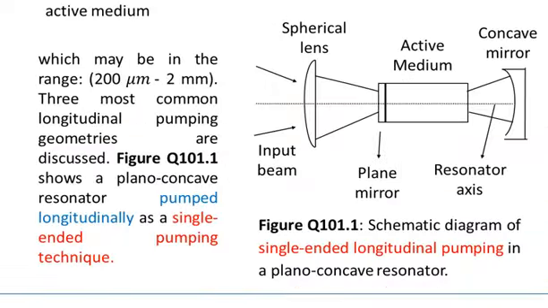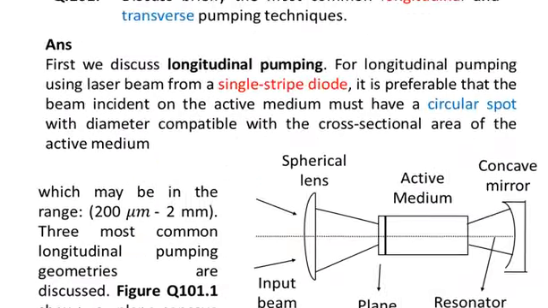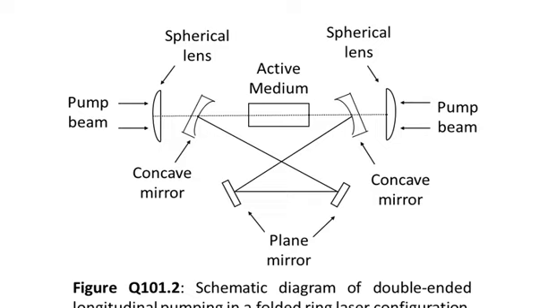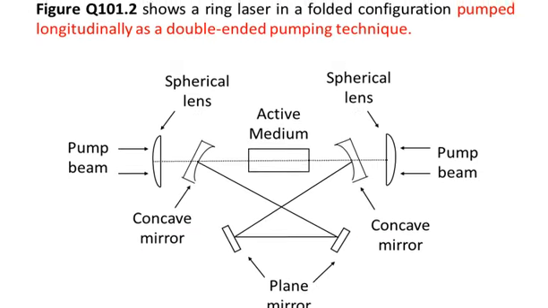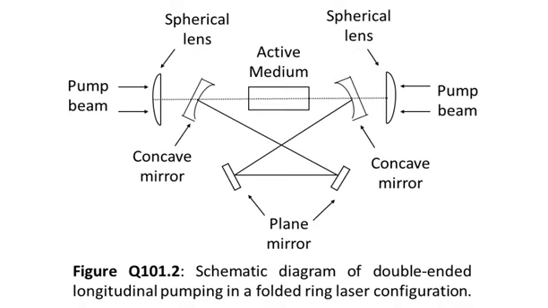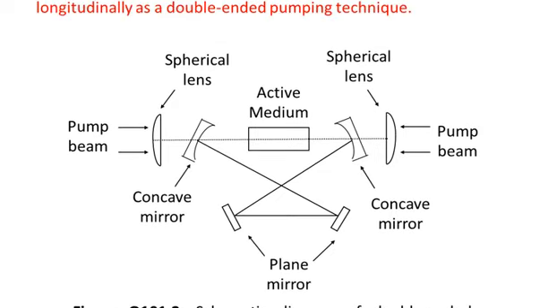So you see that here I have presented 3 longitudinal pumping techniques. This one is the simpler one as given in equation number 1. This is a single-ended longitudinal pumping technique. This is the double-ended longitudinal pumping technique in a folded ring laser configuration.